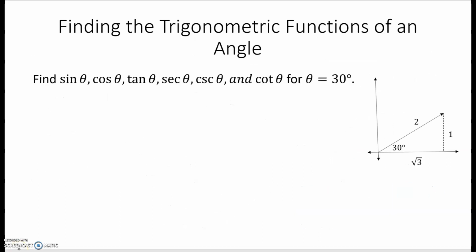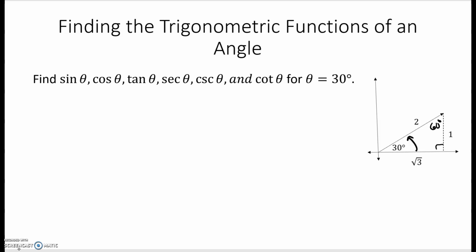Okay, so we're going to find all 6 trig functions for angle 30 degrees. Now, I've got it drawn right here, there's my 30-degree angle. This is going to be 90 degrees, which means this has got to be 60.